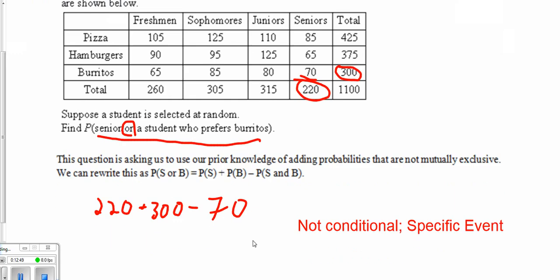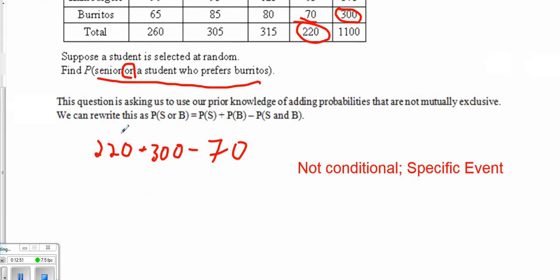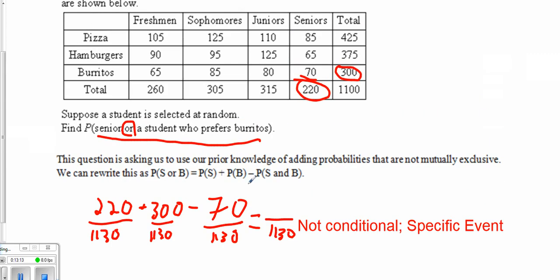Now, technically, I should be doing this as probability. So each one of these should be out of our total of 1130, out of 1130, and out of 1130. So on your calculator, you can just plug these in and find out what our probability is of picking a student who is either a senior or they prefer burritos.